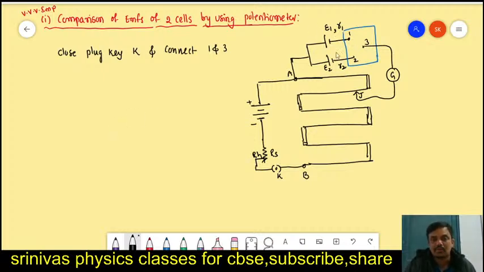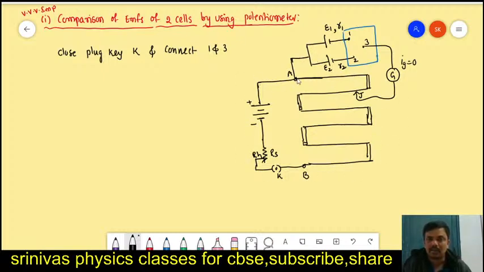The first cell is active. Then you have to press the jockey at various points on the potentiometer wire until the galvanometer shows zero deflection. We have to do the connections like this. The potentiometer is already there up to here.